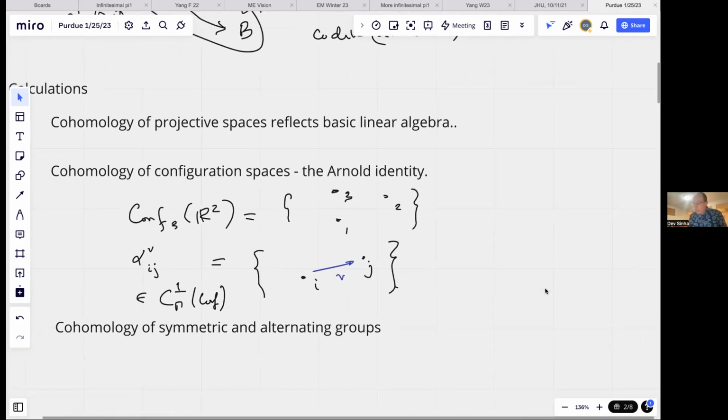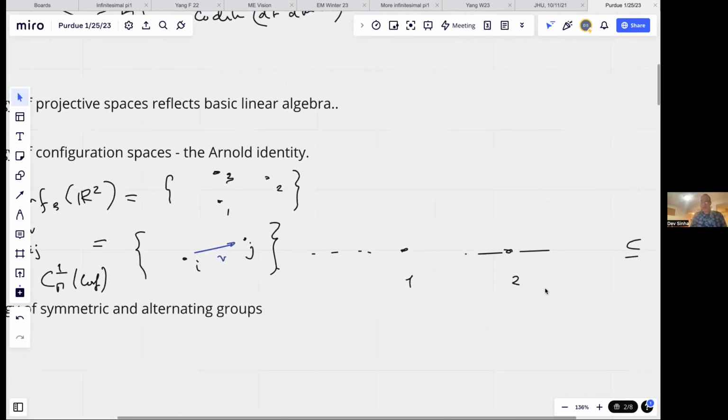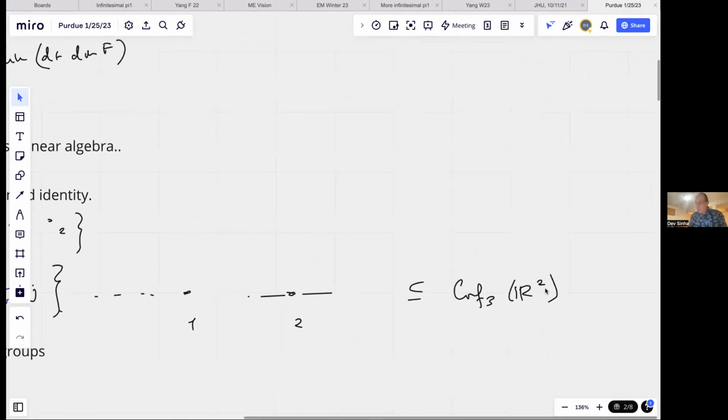But if I now think of, for example, points where I've got 1 and 2, so this is again defining a submanifold of configurations of 3 points in R2, where 1 and 2 have the same y coordinate, and point 3 is at that same level or above.